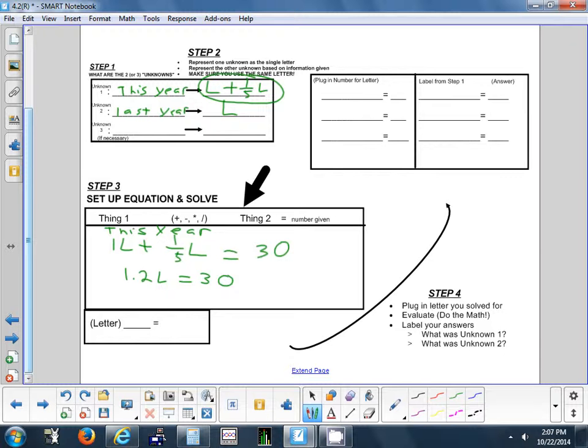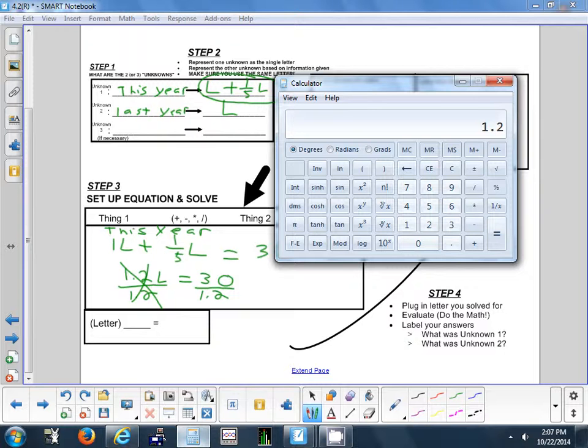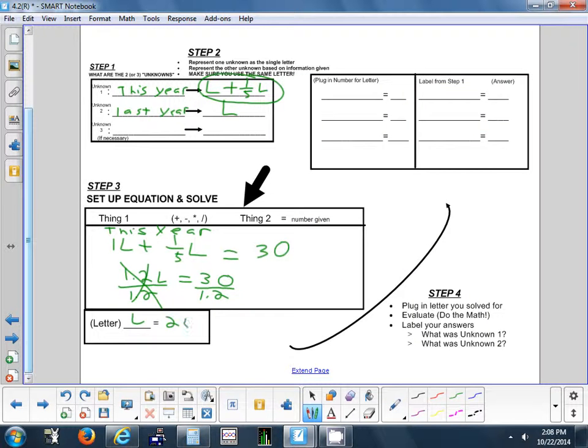Divide by 1.2. Again, that's kind of tough, so we're just going to use our calculator. 30 divided by 1.2 is 25. And remember, that was cents.